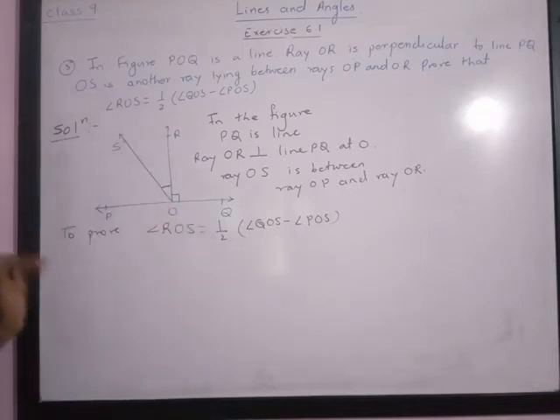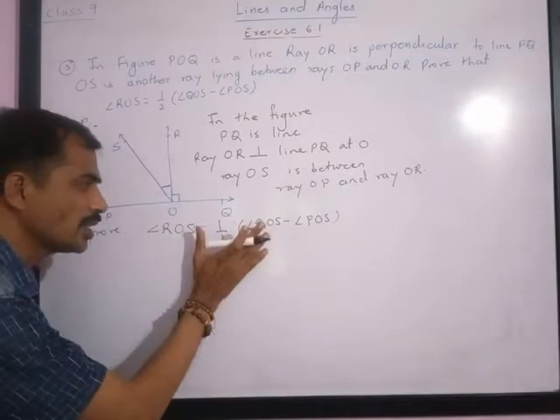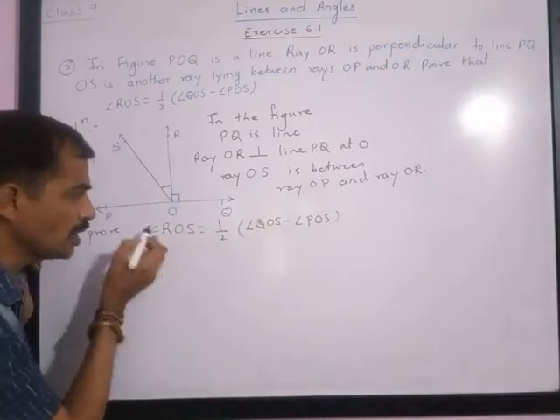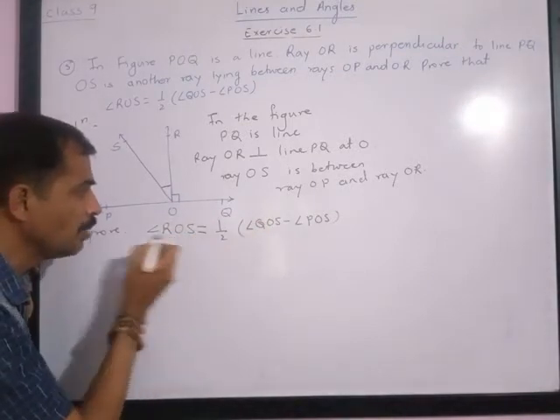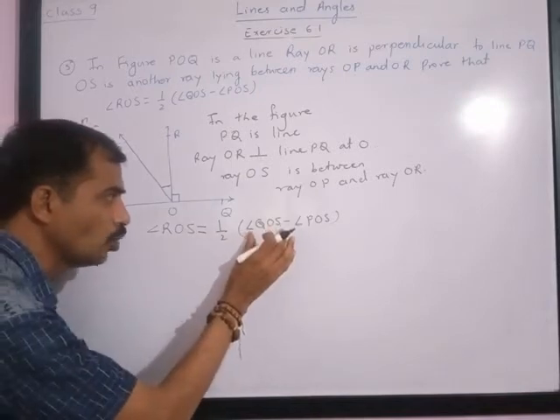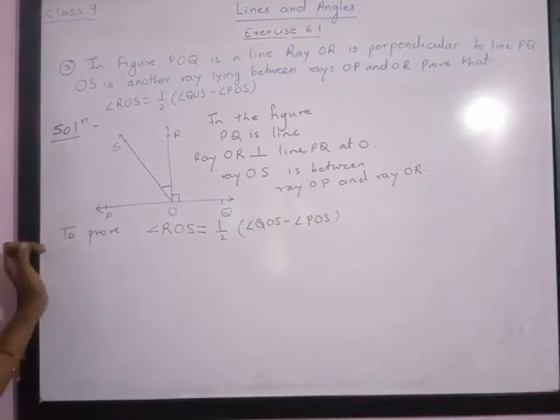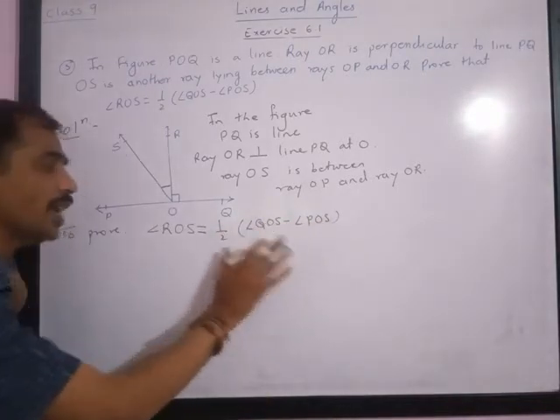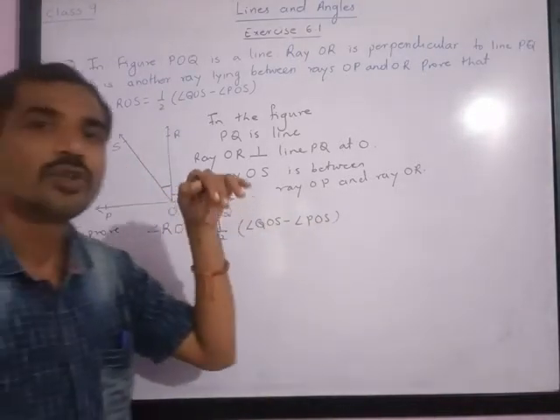So what we have to do is change what is asked in a slightly different way. If you cross-multiply, it becomes twice ROS. So twice ROS is equal to angle QOS minus angle POS. If you think in that way, then we will get a direction to reach the answer.